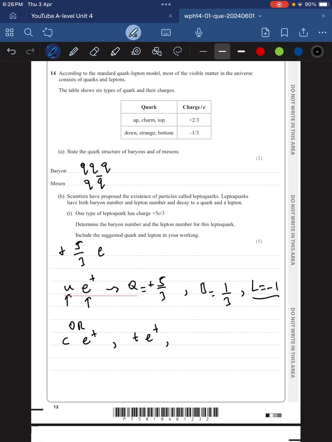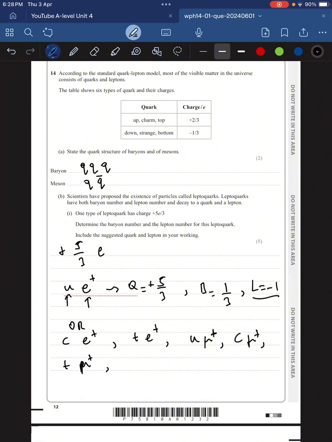Okay, other combinations are to use muons. So you can use an up quark and a positive muon, or a charm quark with a positive muon, or top with a positive muon, right? Yes. And what else can we have?